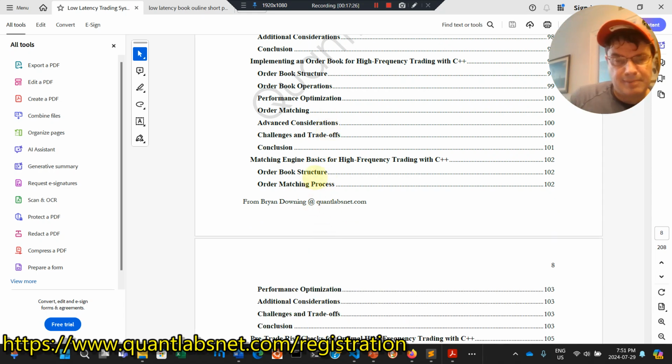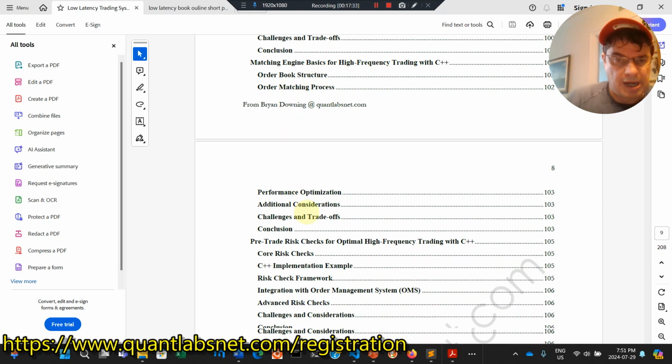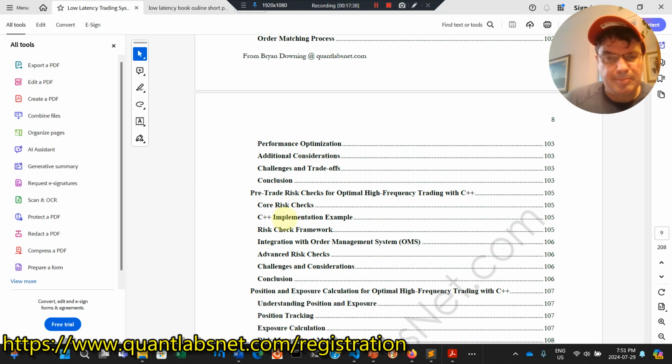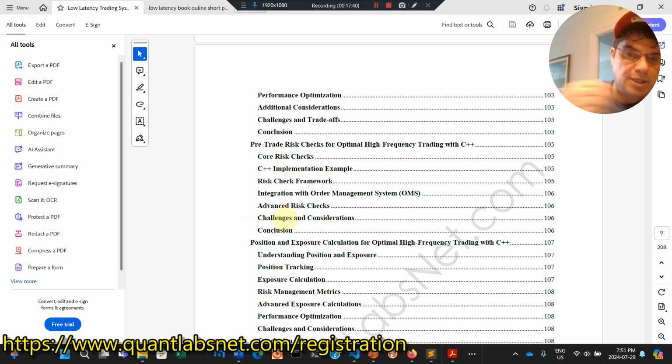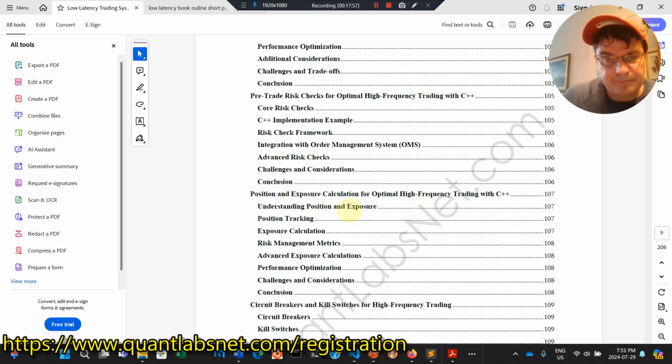Okay, now coming back to the matching, pricing, engine basics, the book structure, matching process, optimizing considerations, and of course, trade-offs. So here we need to do some pre-trade risk checks. There's a core and the implementation of it, using some kind of framework, integrating it with an order management system, advanced risks, challenges, and all the like.